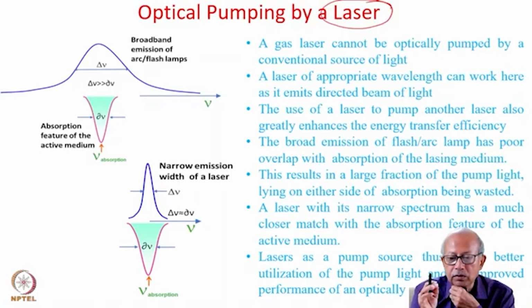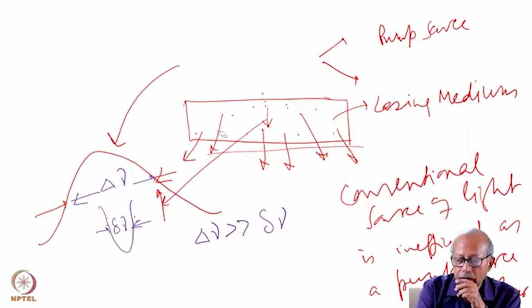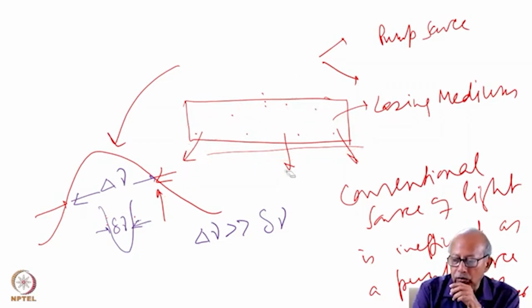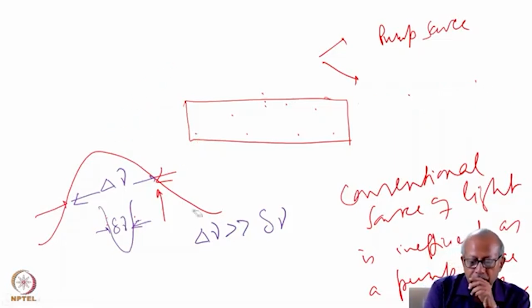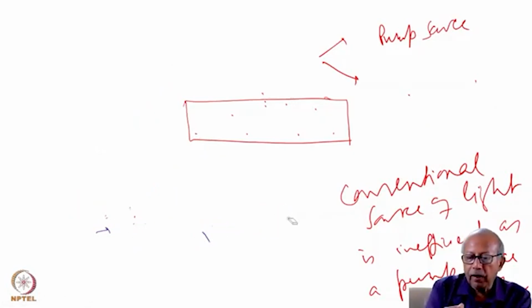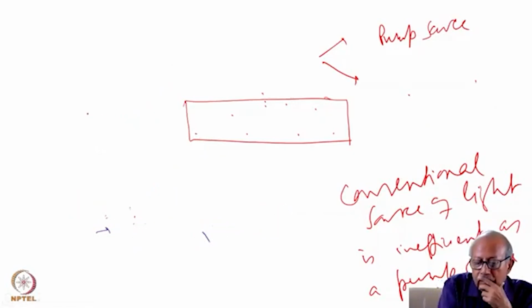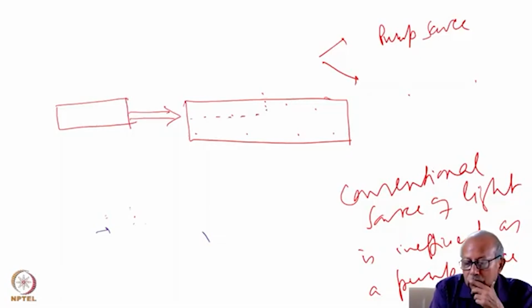That is because this laser gives a continuous beam of light, and so you can pump it through the end. Suppose this is your laser, it gives out a directed beam of light which can be directly employed for end pumping.